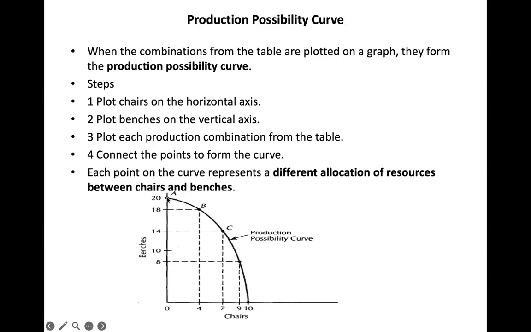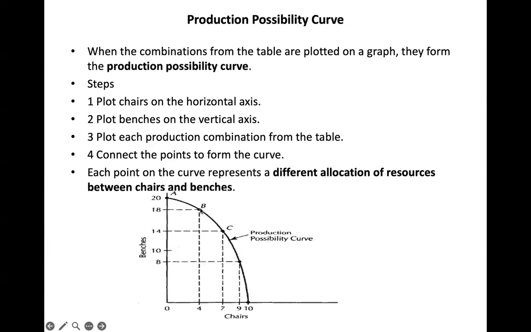But the firm has decided that he wants to produce some benches and some chairs. So he has to forgo 2 benches to produce 18 benches. Therefore, he can produce what? 4 chairs.